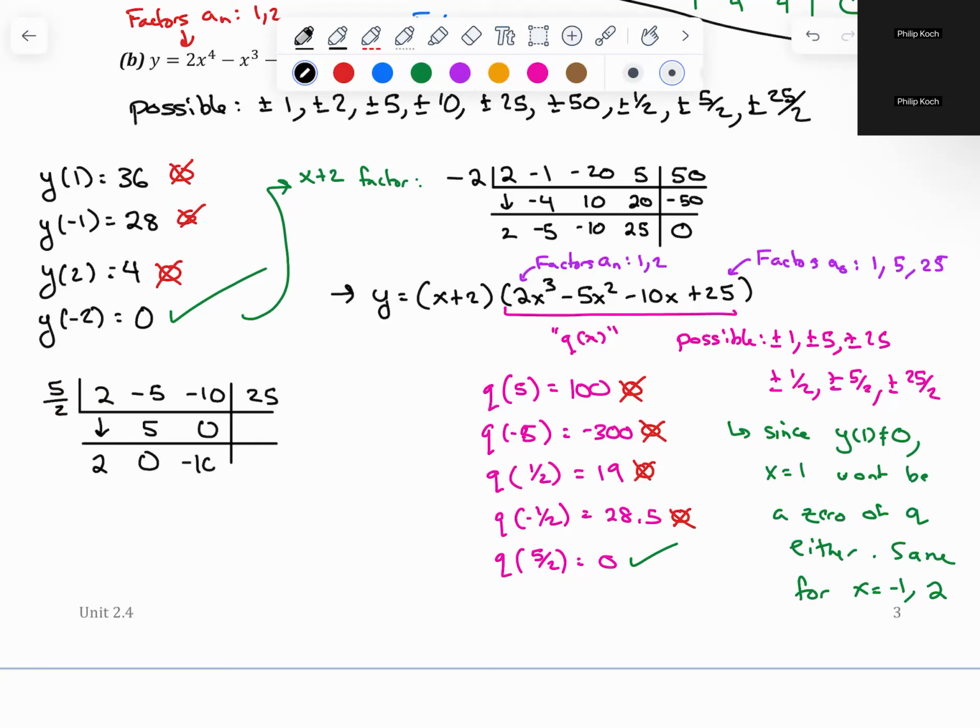So we get -10. -5/2 times 10, that's really going to be 5 times -5, so that's -25. And that equals 0. So we are nearly done. So y is equal to x plus 2 times x minus 5/2 times 2x squared minus 10.